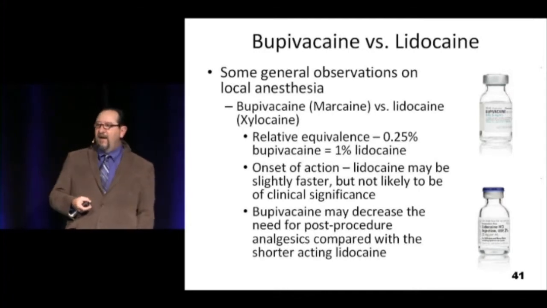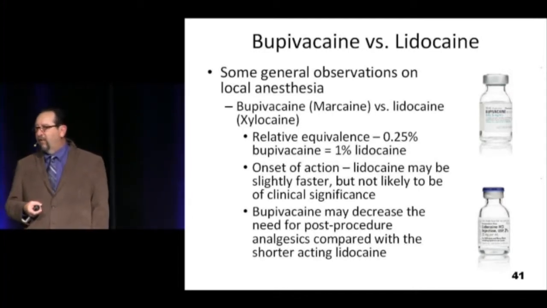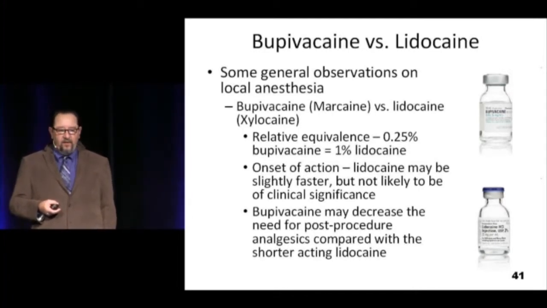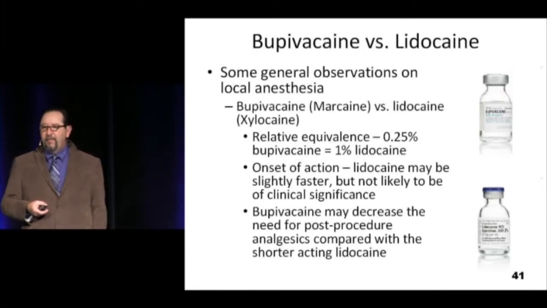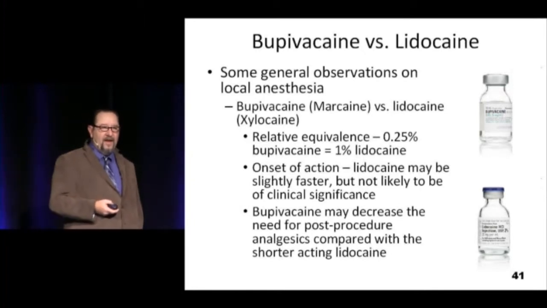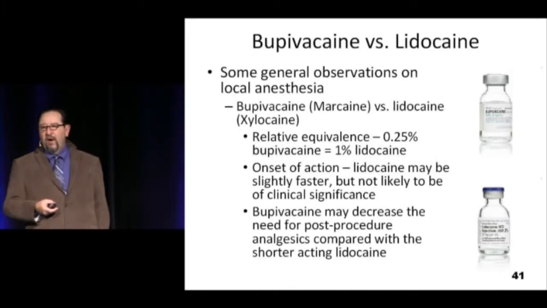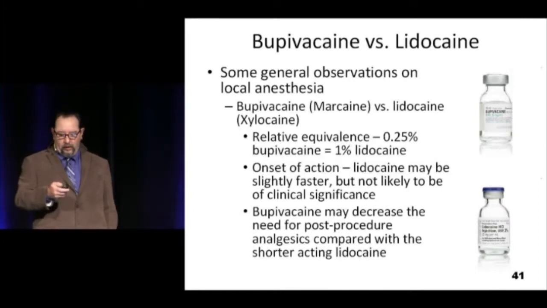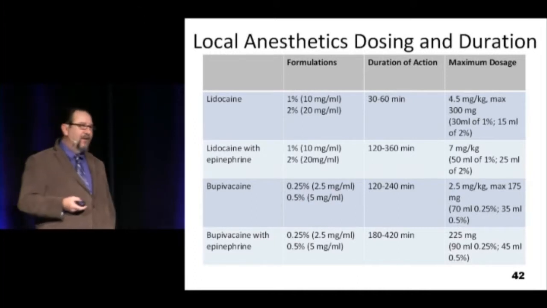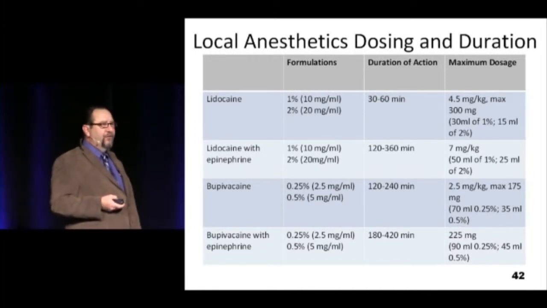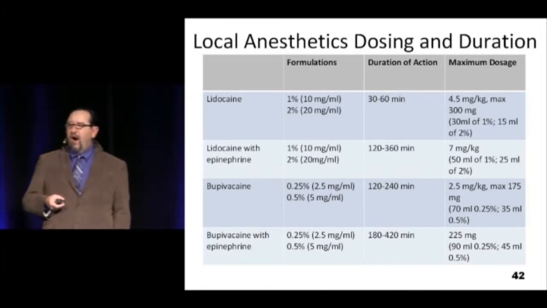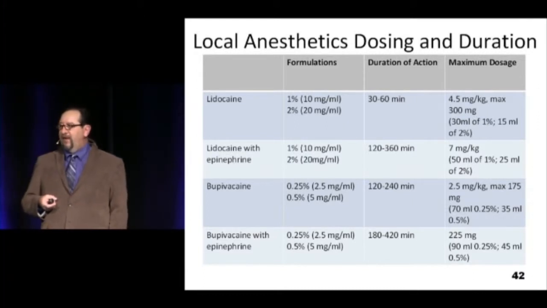Bupivacaine versus lidocaine, we've had lots of discussion about this over the last couple of days, and the relative equivalence is 0.25% bupivacaine equals 1% lidocaine, the 0.5% equals the 2%. Bupivacaine's a little slower in onset, it lasts quite a bit longer. Here's a table that ought to be posted around, because as simple as these are, and as often as we use them, it's easy to get cavalier with them sometimes and forget the upper limits.